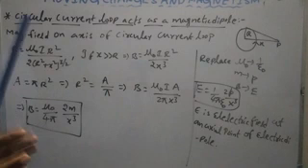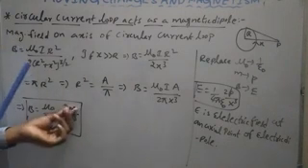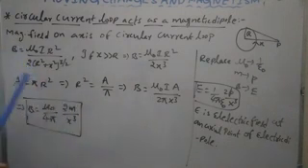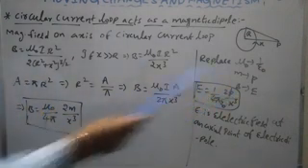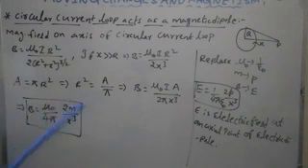P is the electric dipole moment, M is the magnetic moment. E is the electric field, B is the magnetic field. This P is the electric dipole, and M is the magnetic dipole.